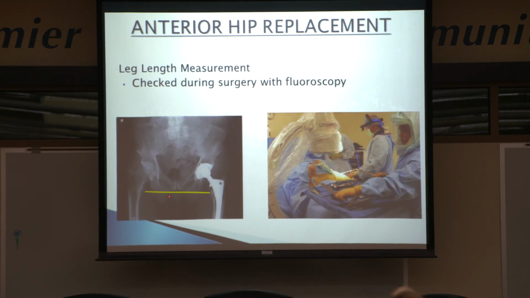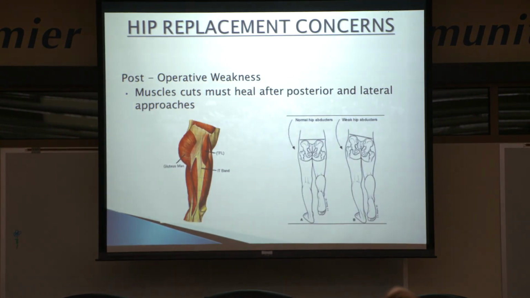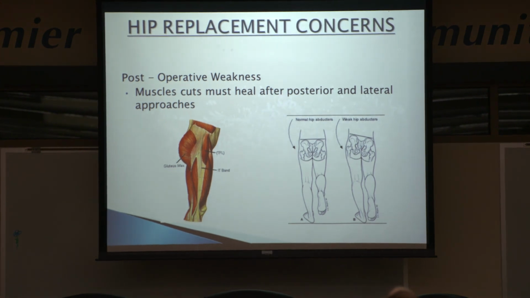We actually reference a line just like this. We measure where that line, if I put it on the lower part of the pelvis bone, meets the lesser trochanter. If it's lengthening, we can shorten things. If it's too short, we can lengthen things. So basically, this is how we measure leg lengths. We do it with an x-ray machine in the operating room, trying to match exactly what we want in terms of the person's length.